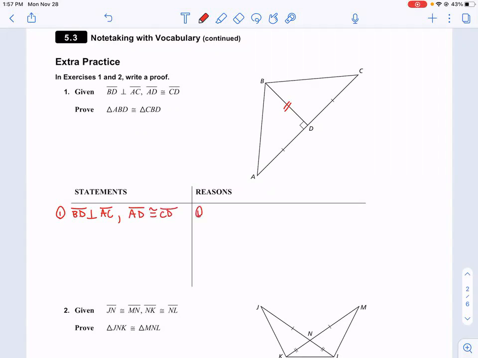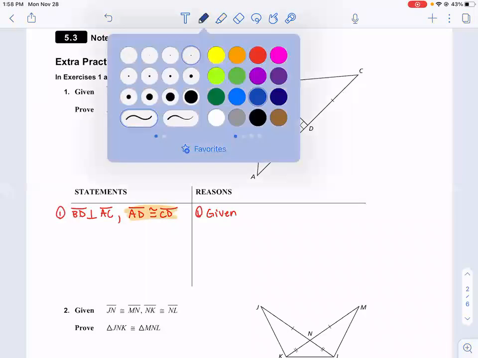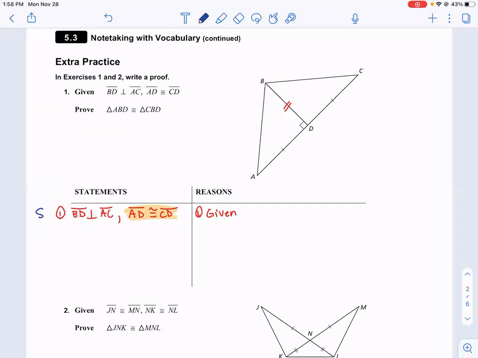In our given information, this is already a congruent side. We have one of our three pieces already given to us. We're just seeing if these triangles are congruent. That's why it says two.